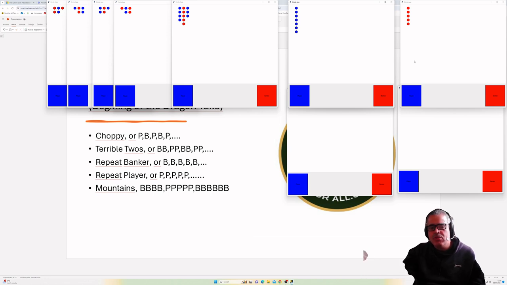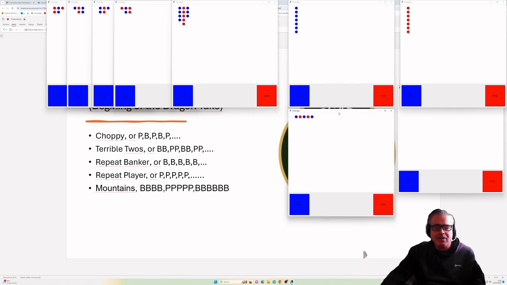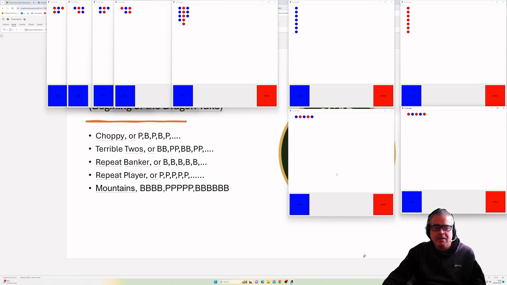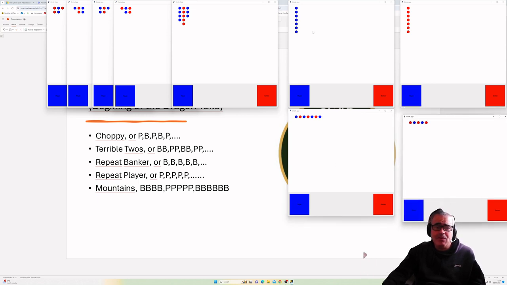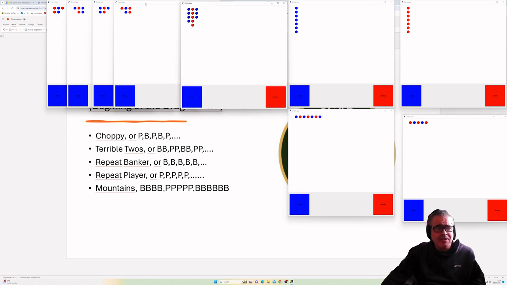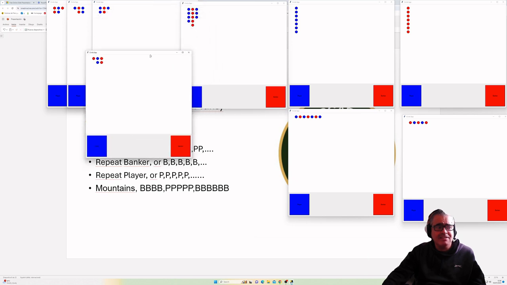You are looking for mountains for these chops. 1, 2, 3, 4, and you will try to find this one, 5, 6.